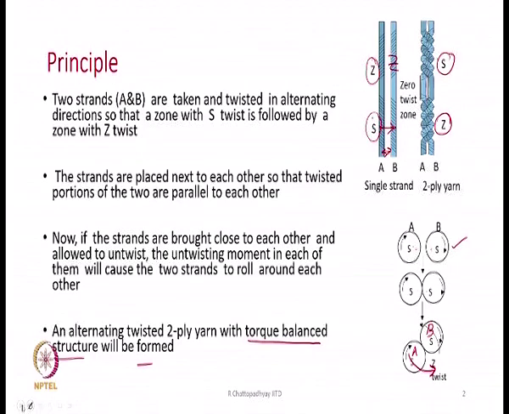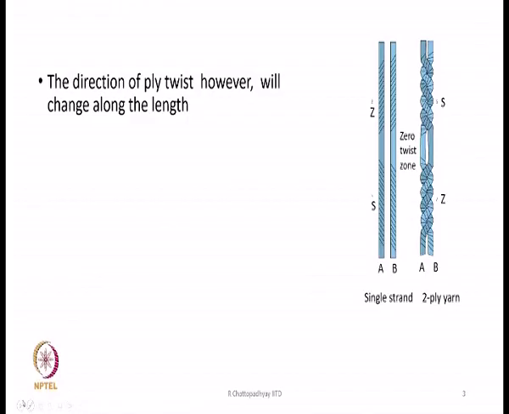Now, with this there is only one disadvantage. What is that? The direction of ply twist obviously will change. The ply twist direction is going to change, that is, there will be Z ply twist followed by S ply twist, but in between them there will be a portion where there will be 0 twist.